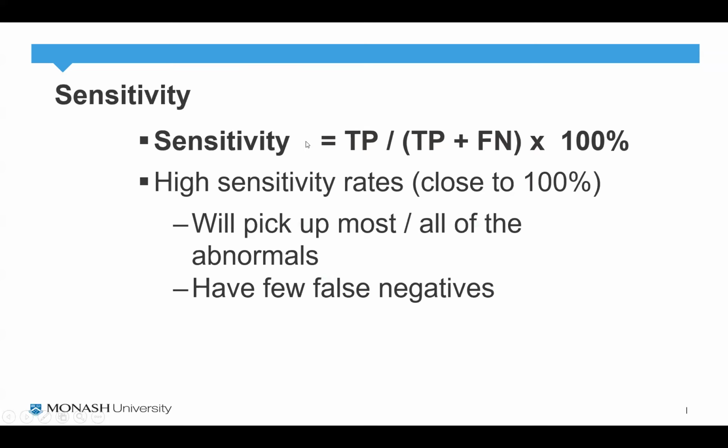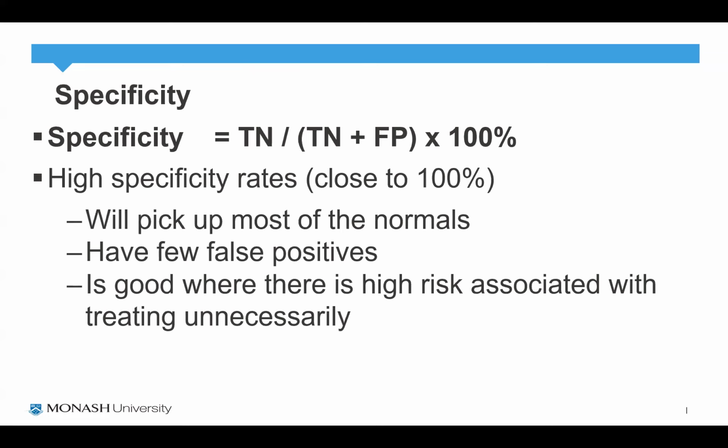So sensitivity is your ability to pick up abnormalities, and you would like to get it as close as possible to 100%, which means there should ideally be few false negatives. With specificity, again, try to get it as close as possible, and that is your ability to exclude abnormalities, that is, to identify the case as normal.